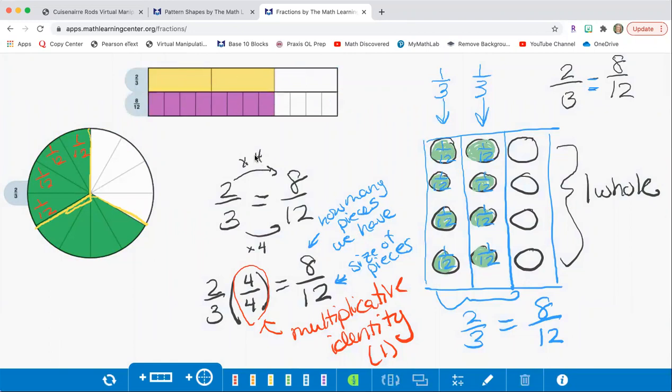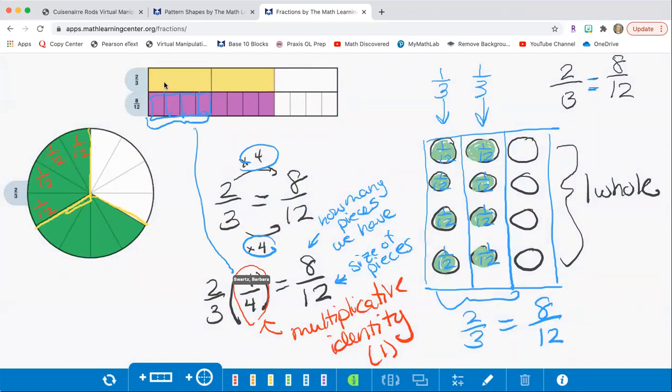And so now again, how can you explain how these 2/3 are now each cut up into these 4? Each piece here is cut up into 4 more pieces, and we see that here, or even here.